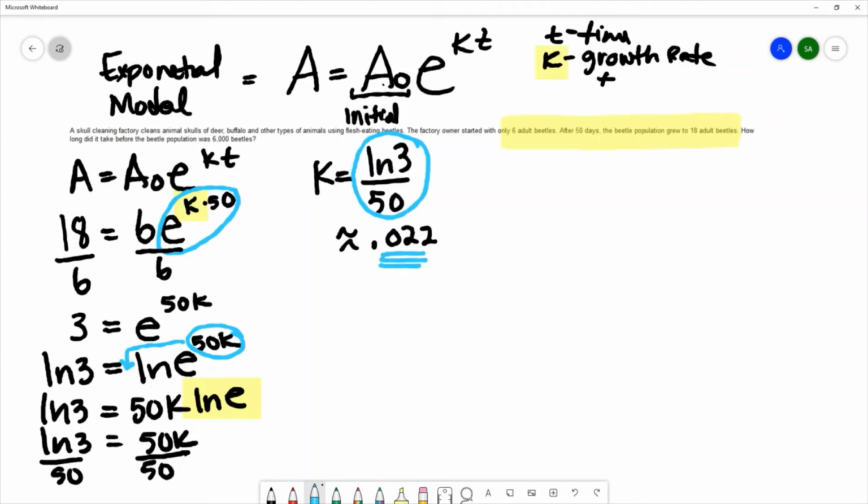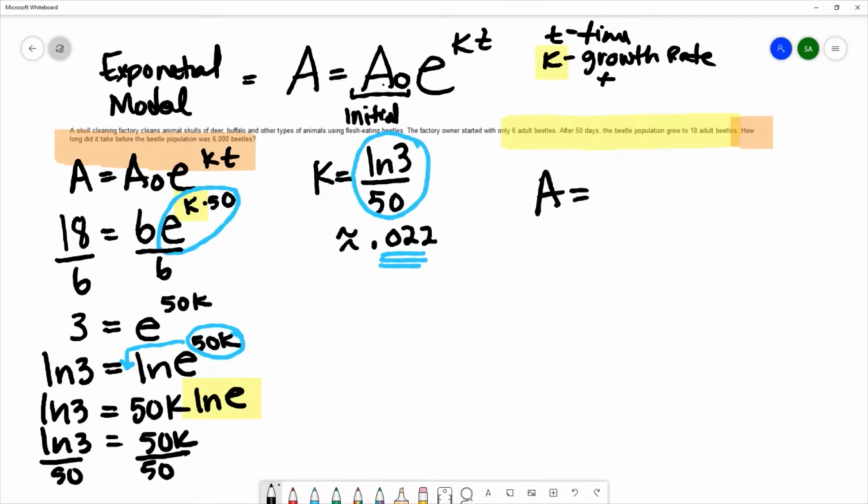All right, once I have the growth rate, then I'm going to be able to answer the second part of this question. How long did it take before the beetle population was 6,000 beetles? So we can take our formula again.